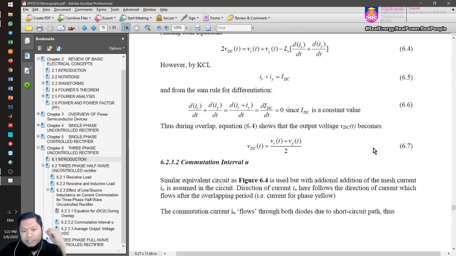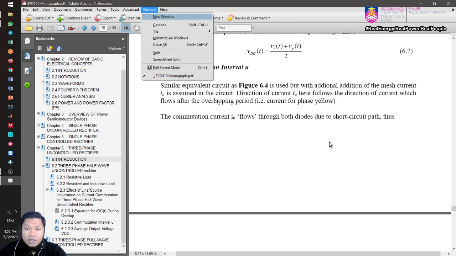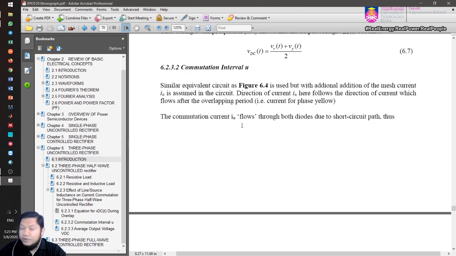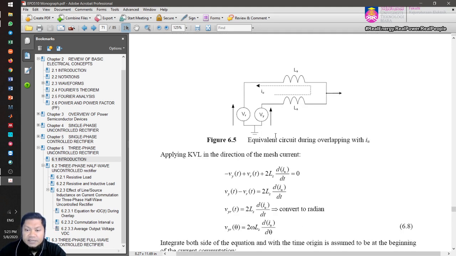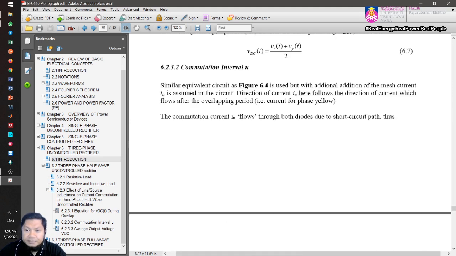Next we're going to continue with the overlapping angle, or commutation interval u. We consider the similar equivalent circuit as figure 6.4, but now we add an additional current Iu in the circuit.